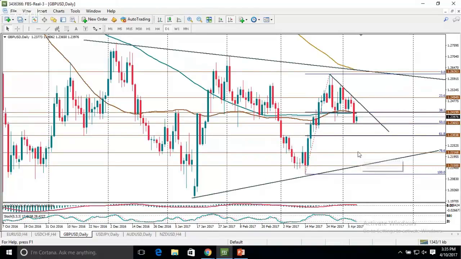If the fundamentals from the UK are good and there is some disappointment in the US data, then the bulls will try to test higher levels, try to test resistance. But at this point, the downside scenario looks extremely more likely, as I can put this.